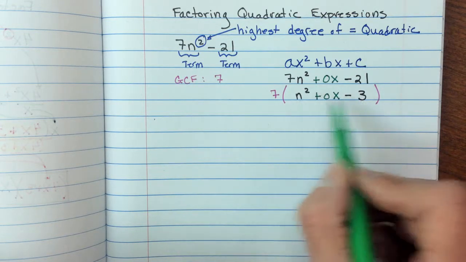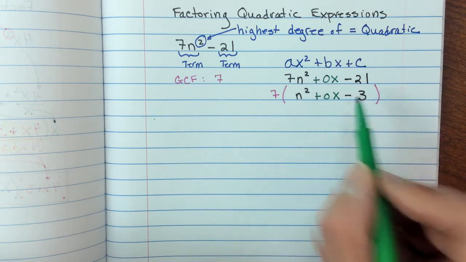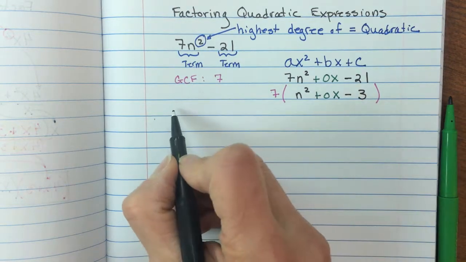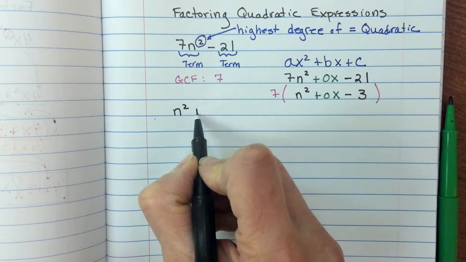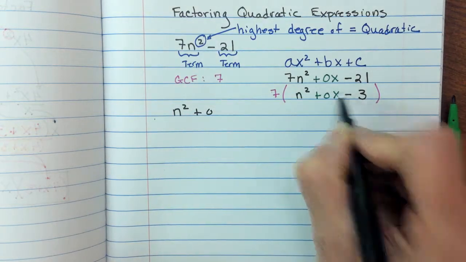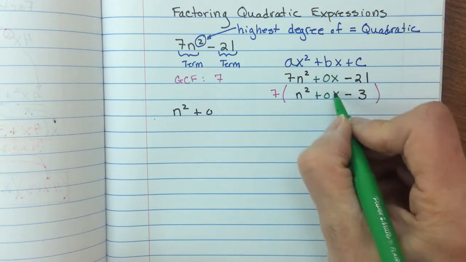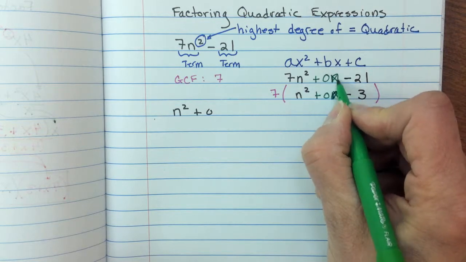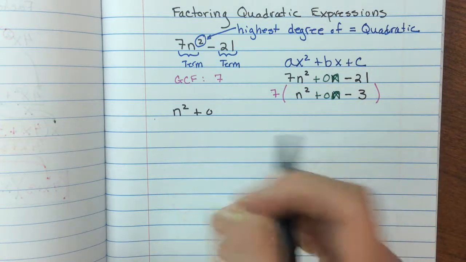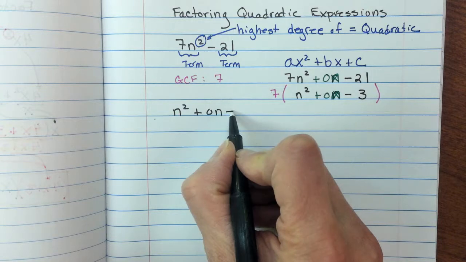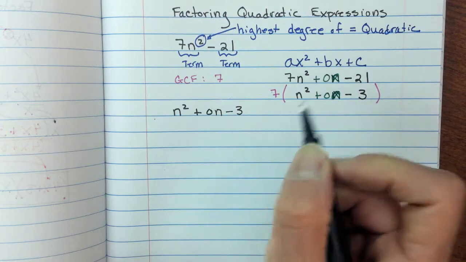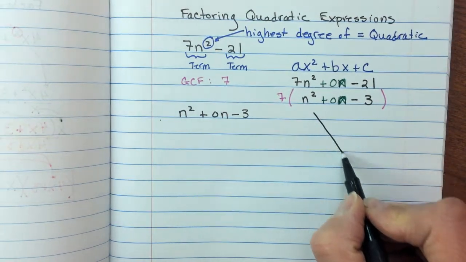So now we're going to factor n squared plus 0n minus 3.